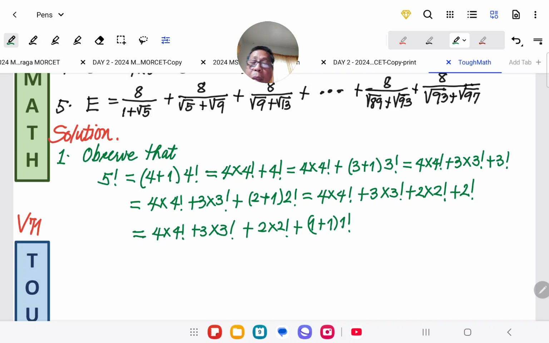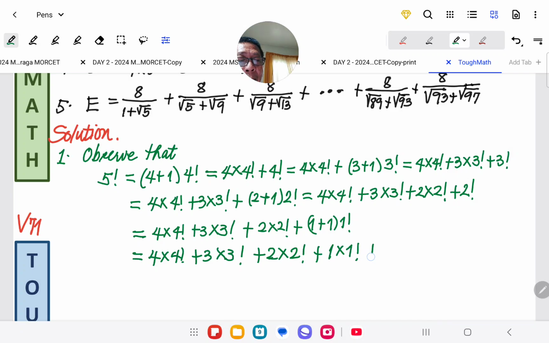Okay, which is finally 4 times 4 factorial plus 3 times 3 factorial plus 2 times 2 factorial plus 1 times 1 factorial plus 1 factorial, which is just 1.